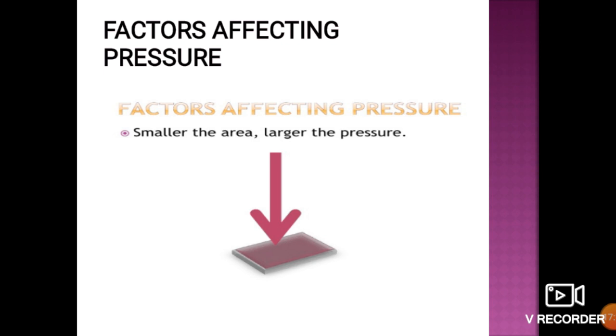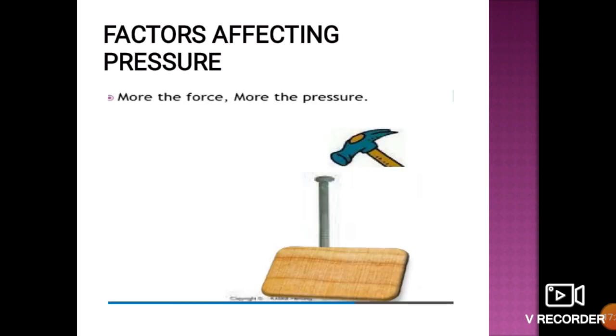Now, what are the factors which affect the pressure? As we have just seen, the first main factor is the area. As there is a small area, the pressure required is very large. The second one is, more the force, more the pressure. If we apply more force, then more pressure will be exerted on that object.